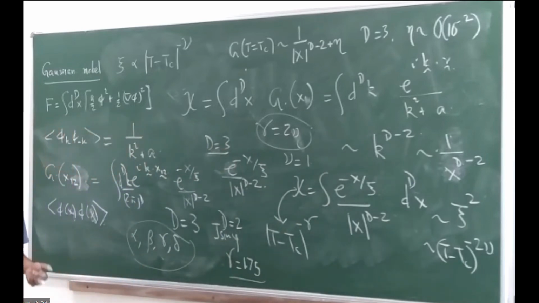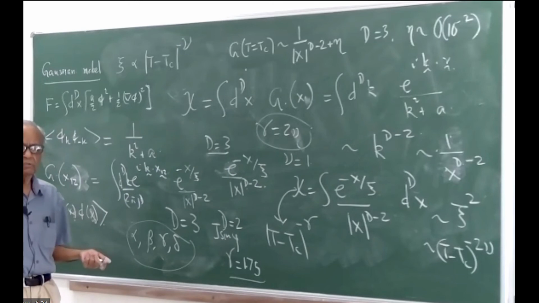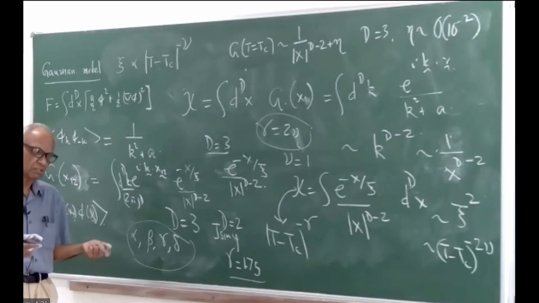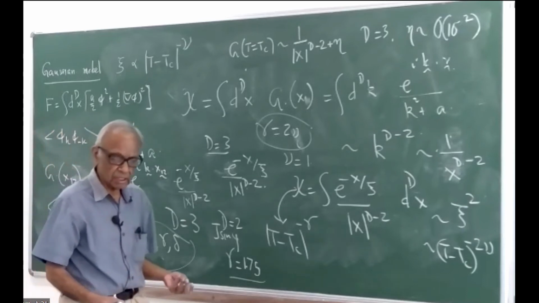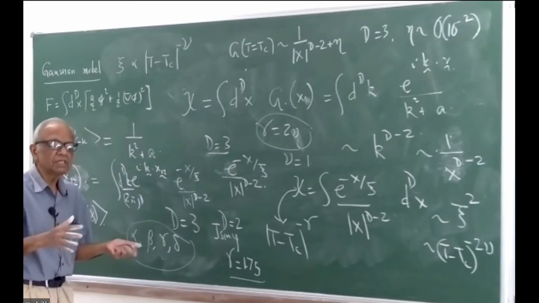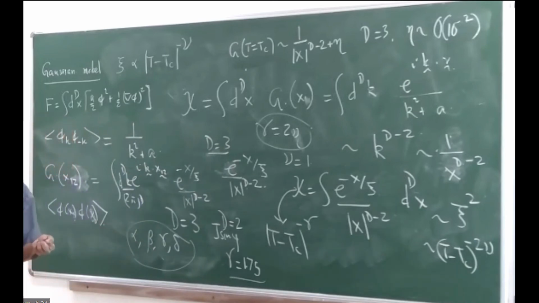The problem was that beyond the Gaussian model, you could not calculate. Well, why couldn't you? Phi-four theory was known to high energy physicists for ages. QED was known for ages, since the 40s, and scalar field theories were also known.